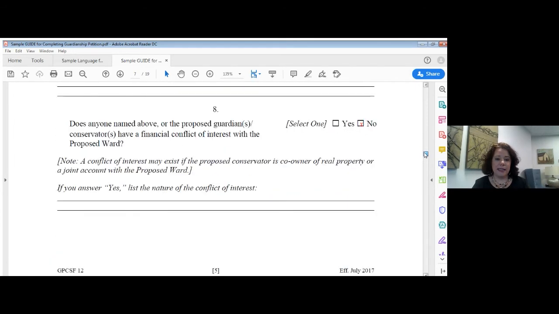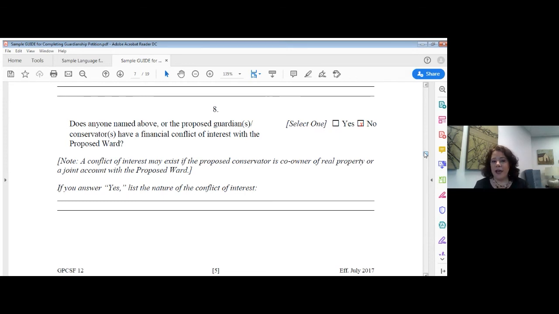Question 8, does anyone named above or the proposed guardian or conservator have a financial conflict of interest with the proposed ward? And so typically our answer is going to be no here, but if for some reason the petitioners do own real property or have a joint bank account with the proposed ward other than a rep payee account, you know, that could potentially be a conflict of interest.